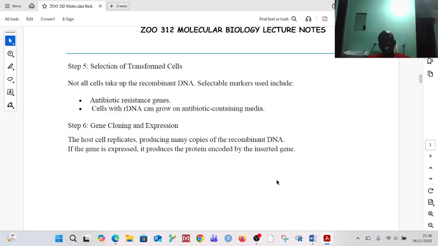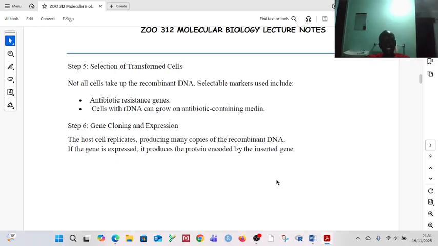Some of these markers are, for example, the antibiotic resistance genes. If the vector which was used to carry the gene of interest has a gene that makes it resistant against a particular antibiotic, then you can now take all the cells after the process of transformation, then you grow them, you culture them in the presence of that antibiotic.